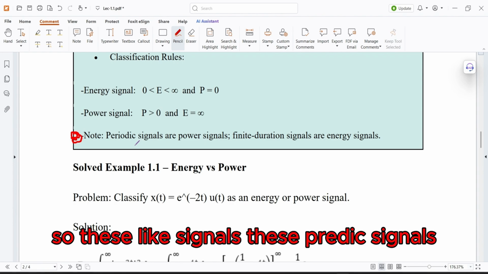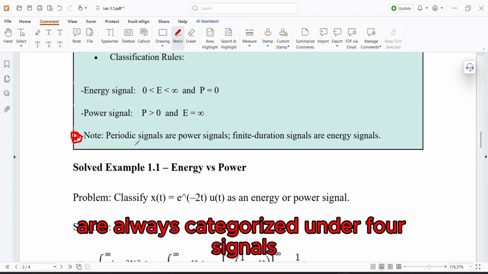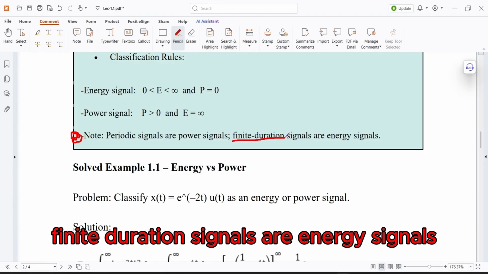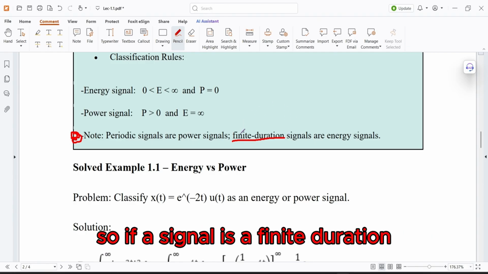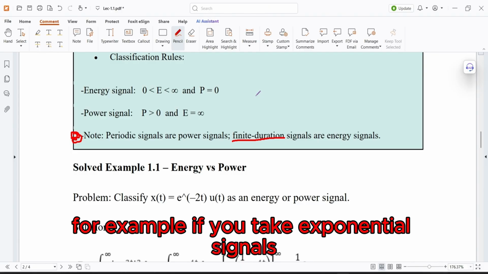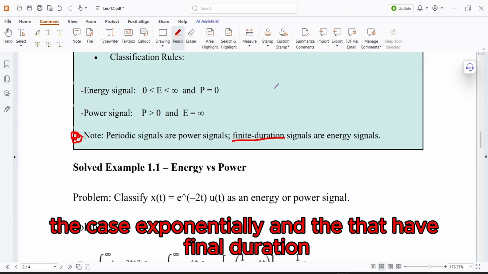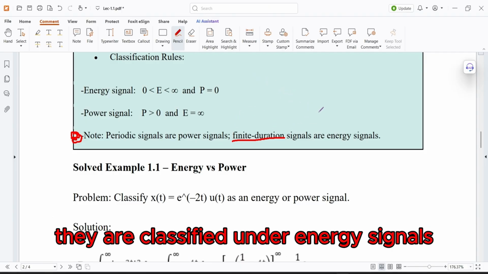So these periodic signals are always categorized under power signals, while finite duration signals are energy signals. For example, exponential signals that decay exponentially are classified under energy signals.